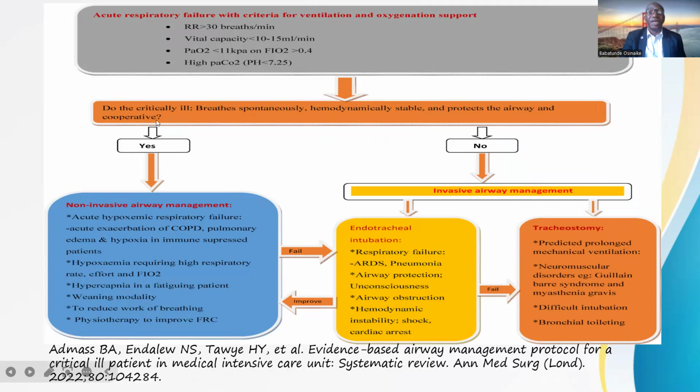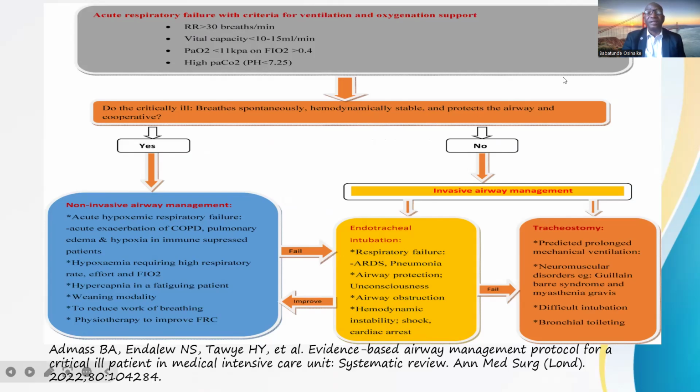So you need to also check if the patient is breathing spontaneously, is hemodynamically stable, and can protect the airway or is cooperative. If all these are right, then that patient might just need non-invasive ventilation or non-invasive airway management. Okay, maybe a patient with asthma, or a patient with hypercapnia, or pulmonary edema, it might just be non-invasive ventilation that is needed for that patient.